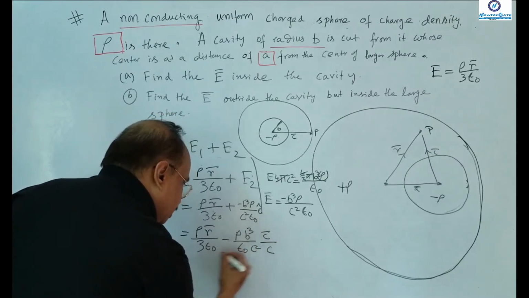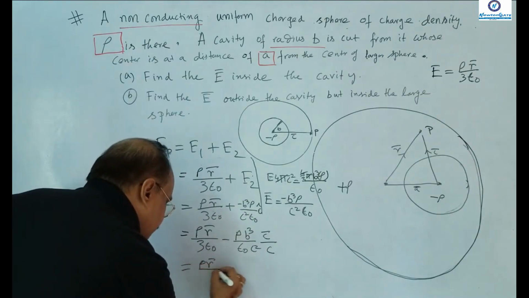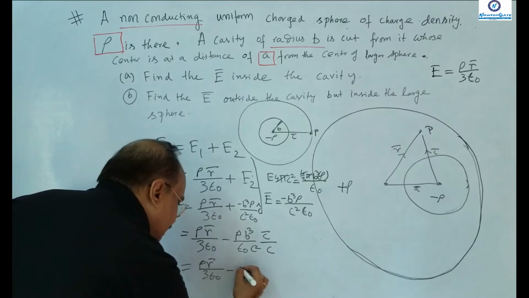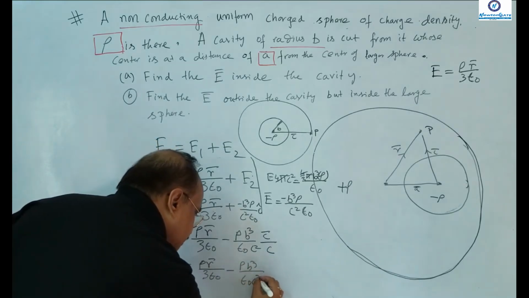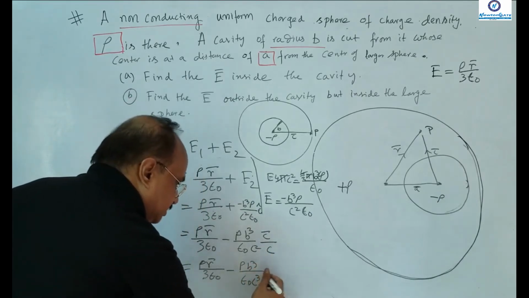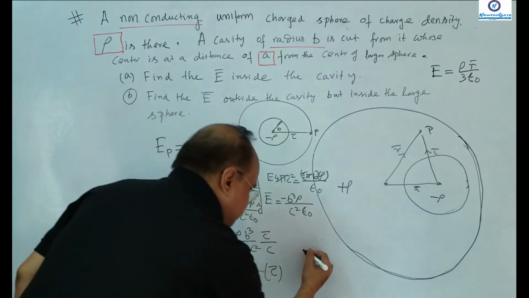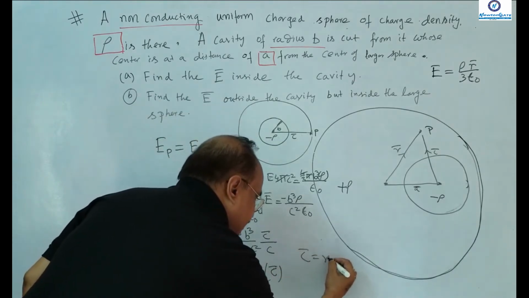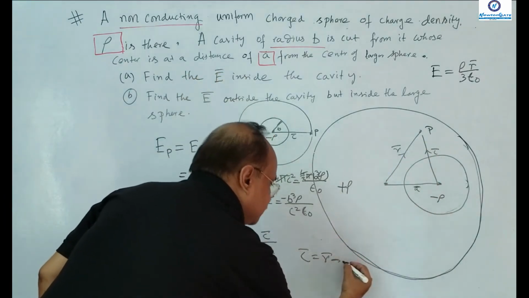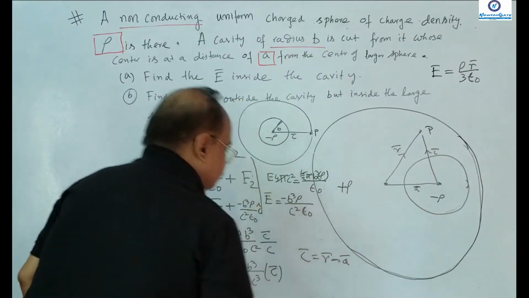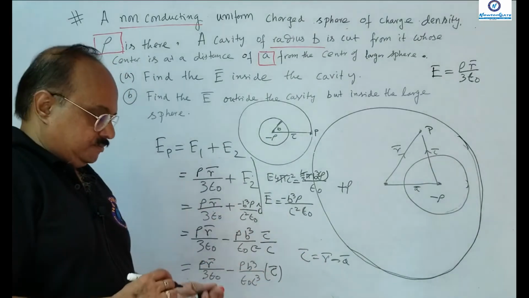That means finally it will be rho r divided by 3 epsilon naught minus rho b cube divided by epsilon naught into c cube, times vector c, where the magnitude of the vector c is c. And in place of the vector c I can easily write vector r minus vector a. That's all. In place of c you can write it as r minus a.